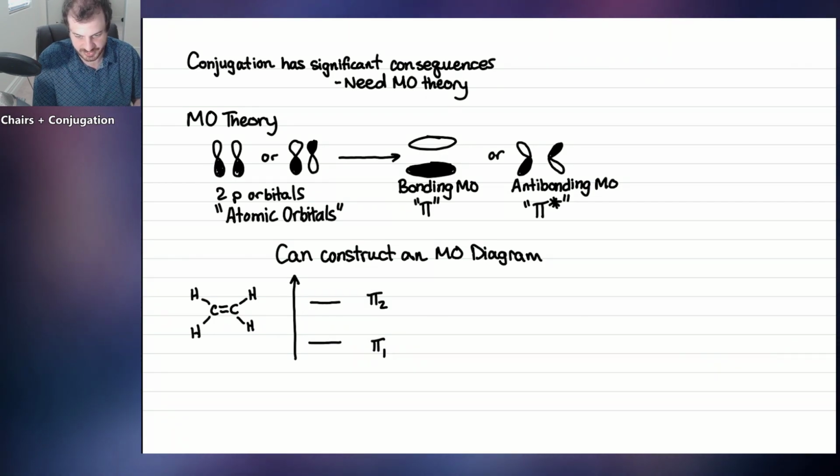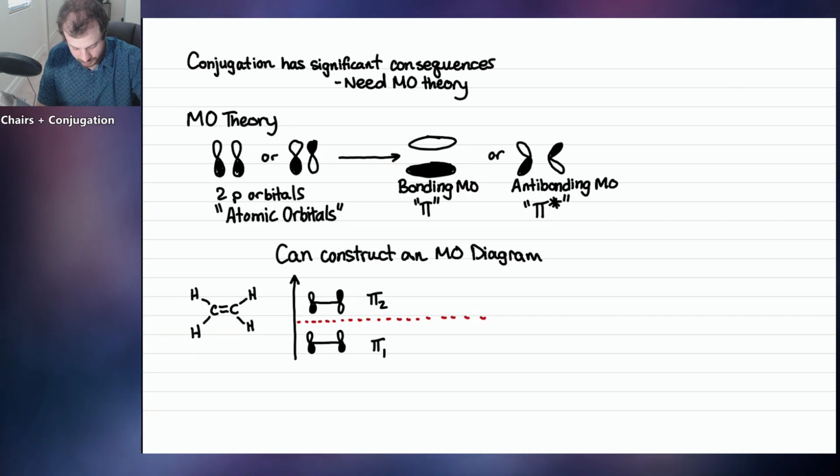We're just going to increase in energy as we go up. So pi 1, the lower energy scenario, is when we mix the two p orbitals, the two atomic orbitals, in phase. And then pi 2 is the antibonding case where we mix them out of phase. Then right in the middle, we can draw a dotted line to separate these two. Everything above that line is antibonding, and everything below that line is bonding.